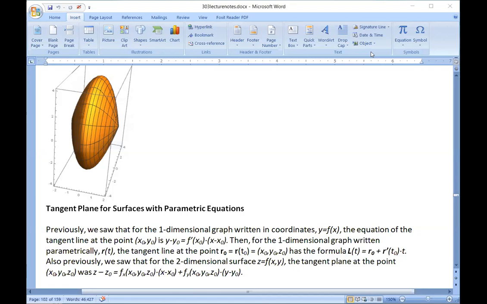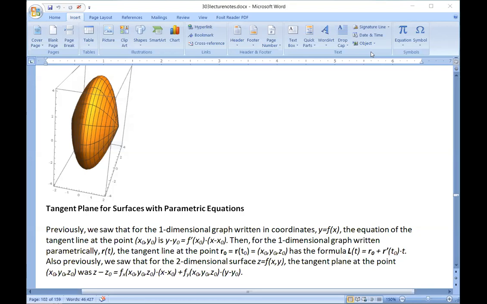The equation for that tangent plane, written down one way, was z minus z0 equals df dx at that point, so fx of x0, y0, times x minus x0, plus df dy at that point, so fy of x0, y0, times y minus y0. So these are all things that we have seen before.